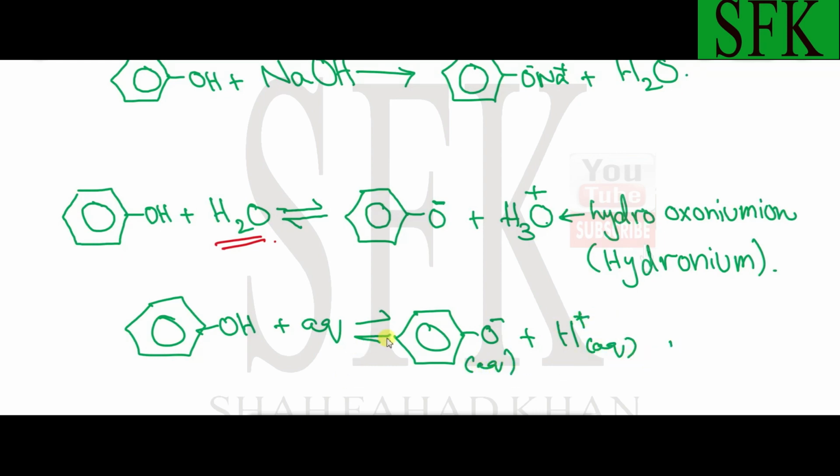It basically means the same thing, hydronium and hydrogen positive ions, just different ways of representing the same concept. If water is the reactant, then the product becomes H3O positive. If aqueous solution is written as the reactant, then H positive is given off as the product. It's not a big deal, both of them are equally acceptable.